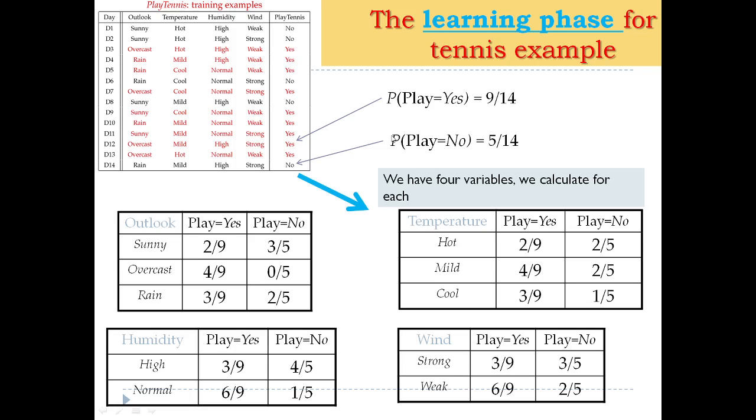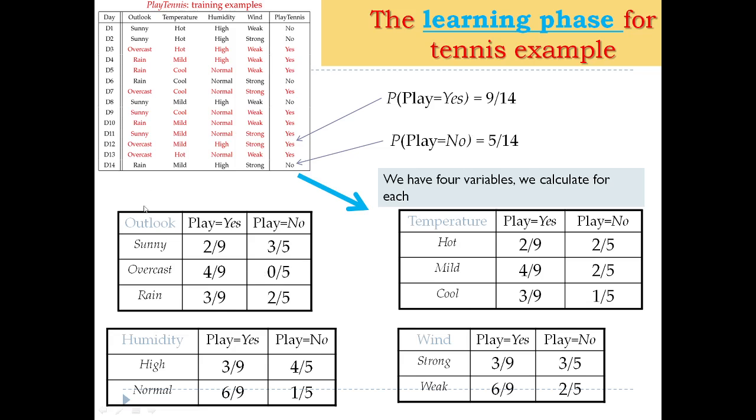Next we calculate the probability of not playing tennis, which belongs to class no. There are 5 instances with class label no, so 5 by 14. We calculate these probabilities here.